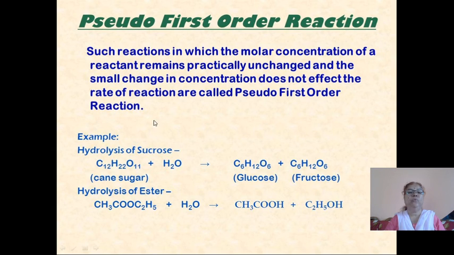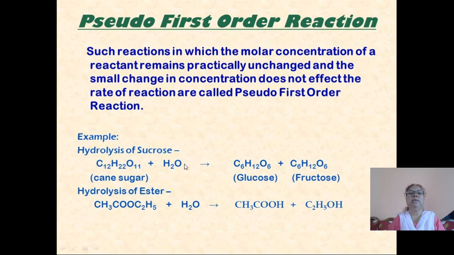And pseudo first order reactions means here there are two reactants, sucrose and water, here ester and water, but the concentration of water is in excess, it does not interfere with the rate of reaction. And the rate depends on the concentration of sucrose here and ester here.